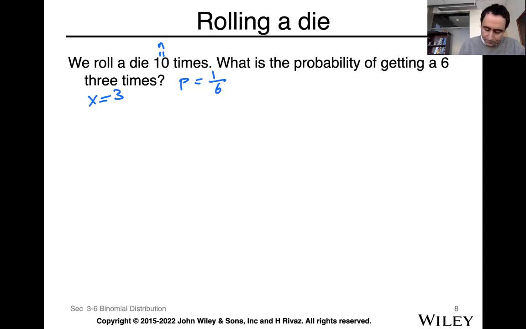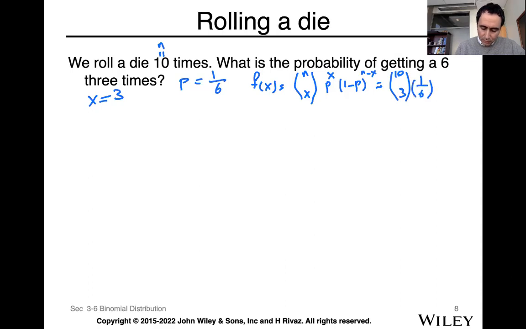We simply say that f of x is n choose x times p to the power x times 1 minus p to the power n minus x, and that is equal to 10 choose 3 times 1/6 to the power x, which is 3, times 1 minus p, which is 5 divided by 6, to the power n minus x, which is 7. So that's our answer.